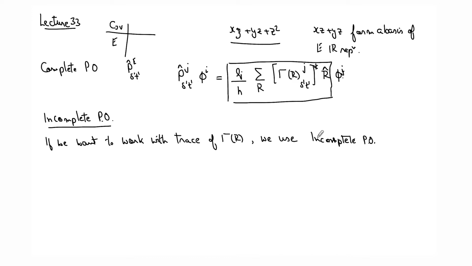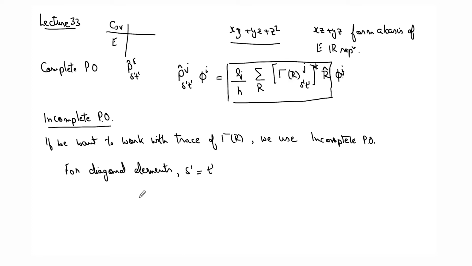Because we want to work with traces, and traces deal with only diagonal elements, we need to talk about only diagonal elements. So this one deals with all elements, but for diagonal only elements, we can say that the index S prime is equal to T prime, right? So I can equate S prime to T prime and only worry about the diagonal elements.